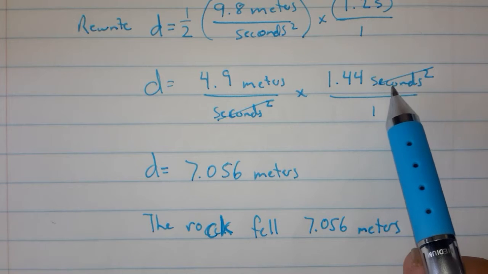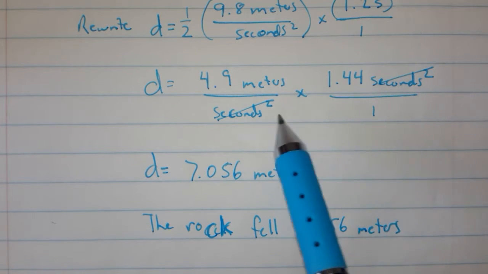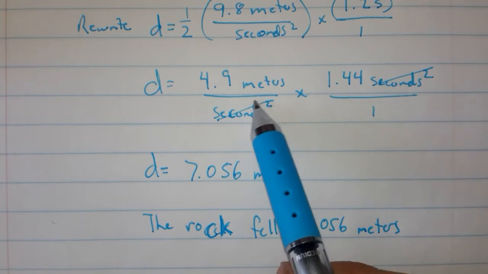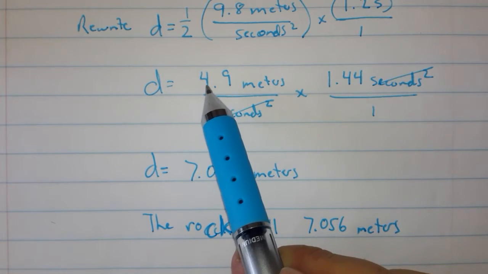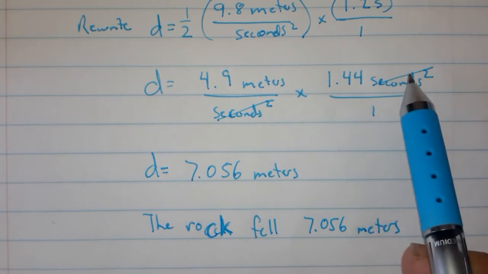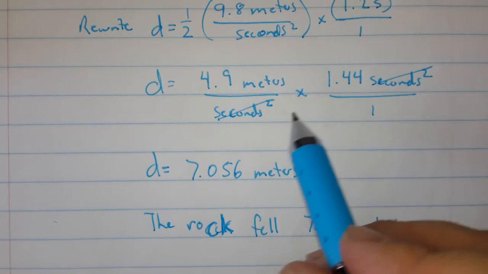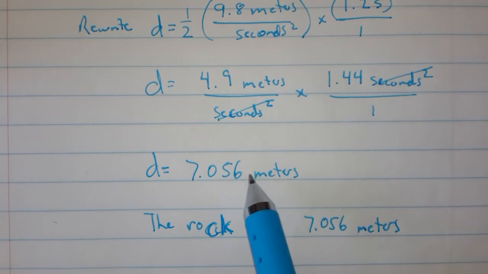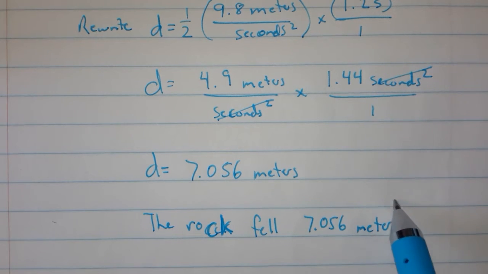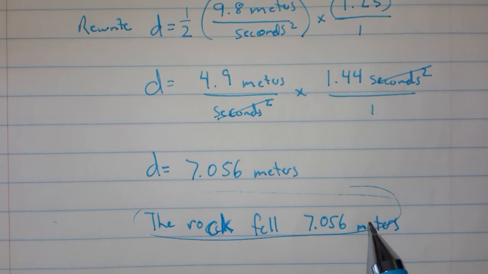So we've got 1.44 seconds squared. These are again diagonal, so we can cancel these out. Then I multiply the 4.9 by 1.44, because we multiply across, and it is going to be 7.056 meters. And then our answer is going to be this right here.